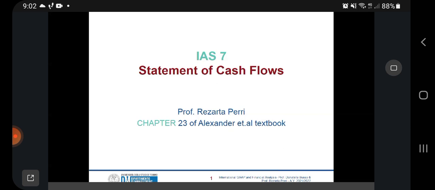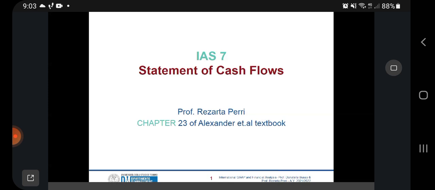So what is the statement of cash flows? As you can see, it's not in vain that we are stressing and emphasizing this statement. You know that there are four important financial statements, right? There is the balance sheet or the financial position statement. There is the profit and loss account or financial performance statement.